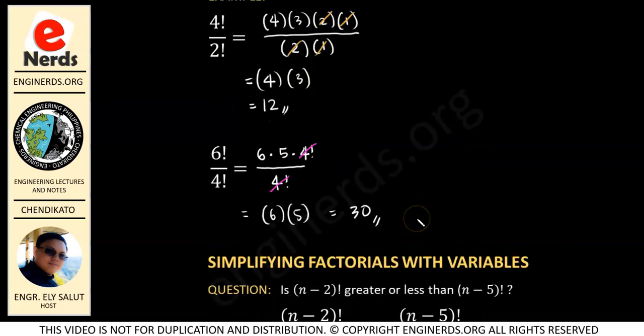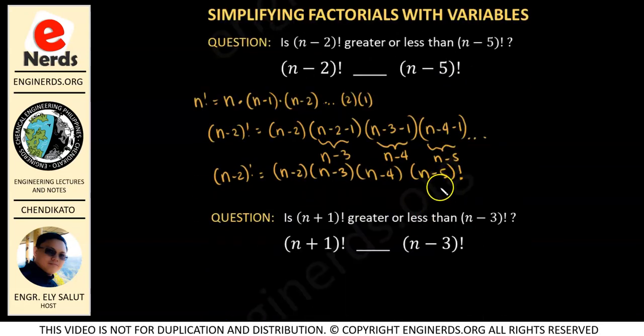Okay, so we have n minus 5 factorial right here, which is tinatanong sa atin kung greater ba yung n minus 2 factorial sa n minus 5 factorial. So, as you can see dito sa ating given, no? Yung n minus 5 factorial just started right here. So, that means ang n minus 2 factorial is greater by this number.